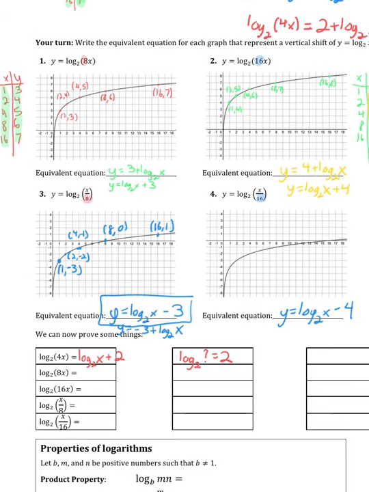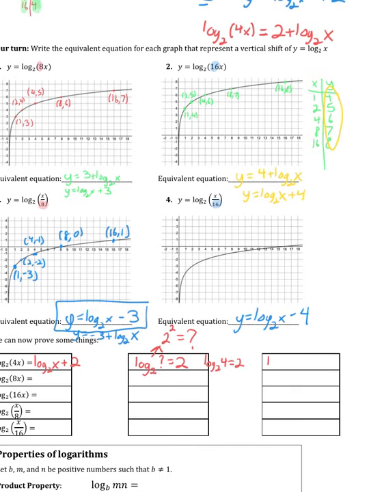And if we rewrite this as 2 to the question mark equals 4, then we know 2 squared equals 4. So it's safe to say that log base 2 of 4 equals 2.